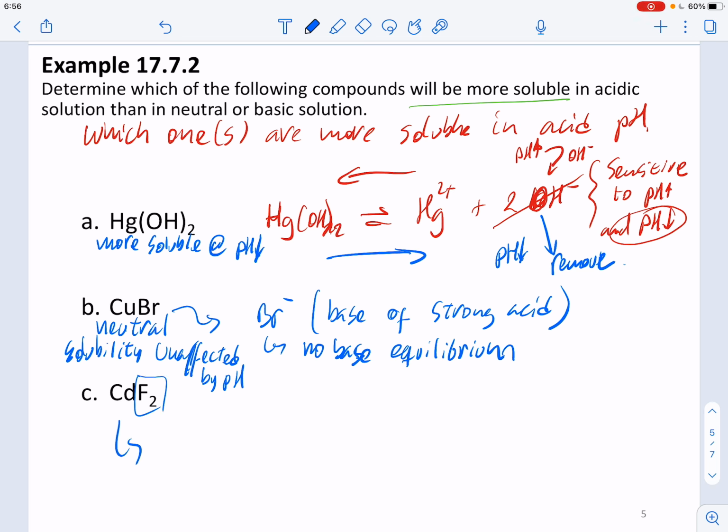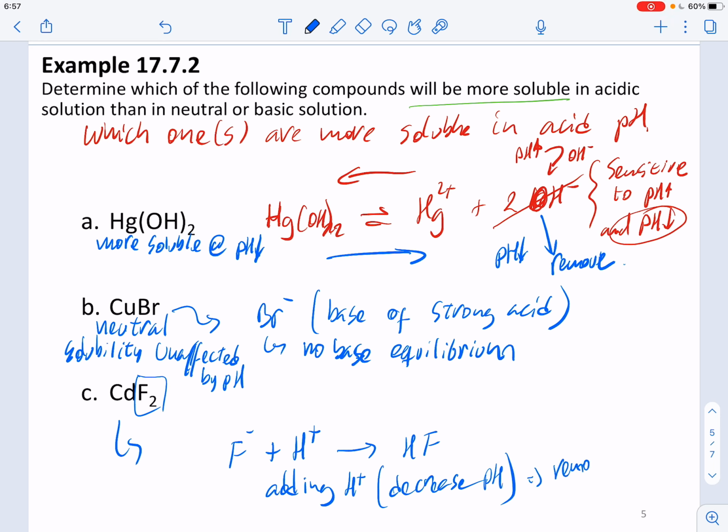Okay. Now cadmium fluoride. We focus our attention on the anion, correct? So we have fluoride here, right? And fluoride in the presence of acid will give you HF. So adding H plus, which is also the same thing as decreased pH, removes fluoride, and as such increases the solubility of the salt.